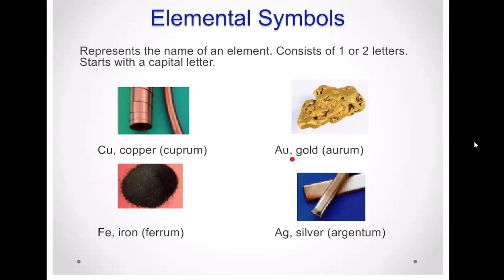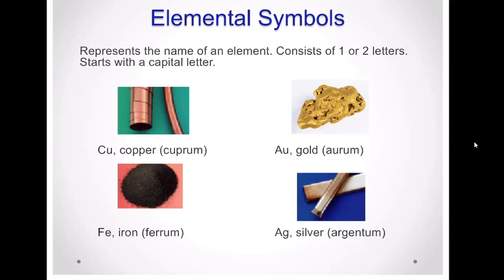And gold doesn't start with a G because the Latin name is aurum. Iron is Fe, for ferrum. Silver is Ag for argentum. I like to ask the class, what country do you think has a lot of silver?